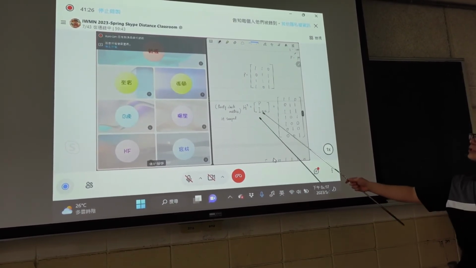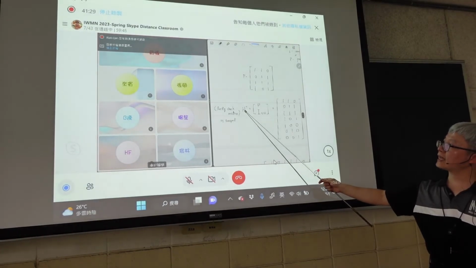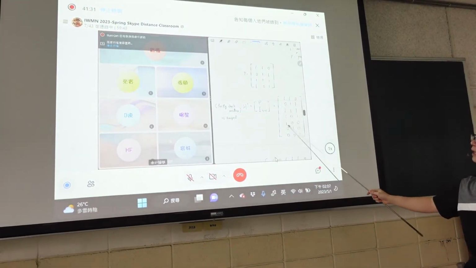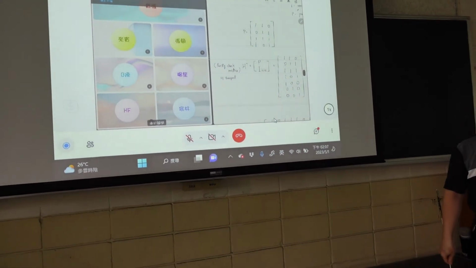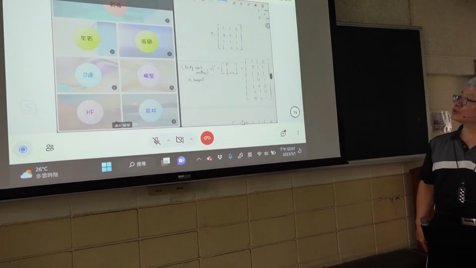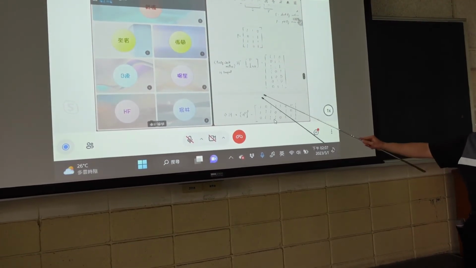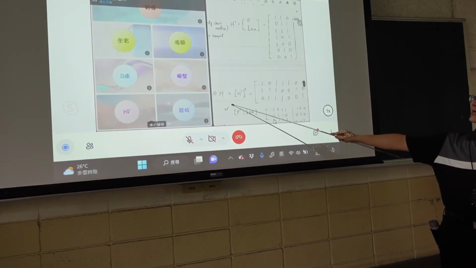Of course you use the relationship, H transpose follows the form, and you have this. And then you need to transpose to have H. Okay, it's correct.